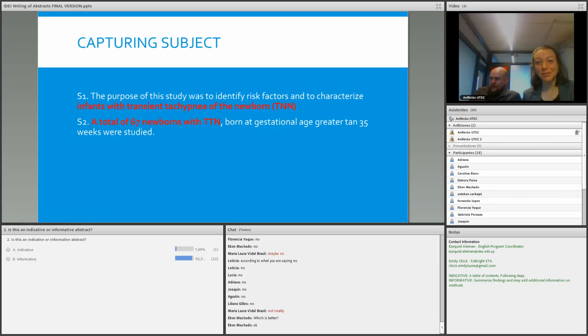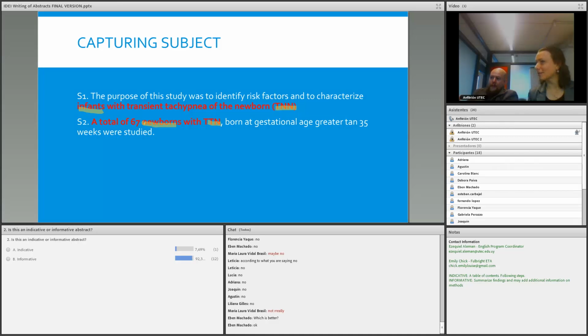And that leads into, a total of 67 newborns with TTN born at gestational age greater than 35 weeks were studied. So you start out talking about one subject, the purpose of the study, but in that same sentence you bring up what you want to continue talking about. So you're continuing talking about infants, newborns with this disease as well.